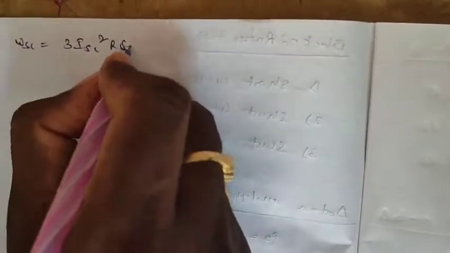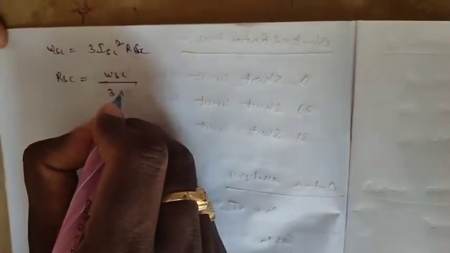From copper loss, 3 ISC squared RS. So RS equals WSC divided by 3 ISC squared.